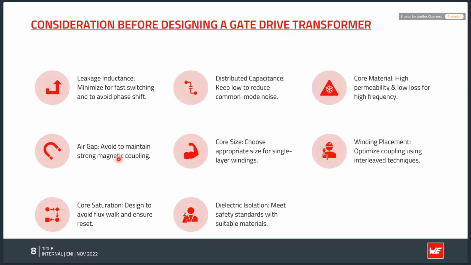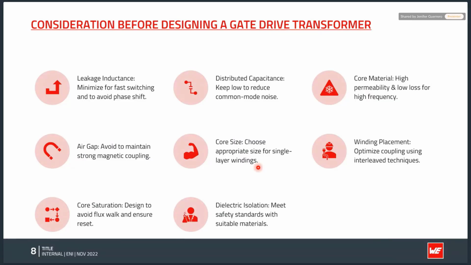So for the core size, obviously, because of high frequency, everyone wants to go smaller and smaller. This is something that we would wish to have, but it can affect different electrical parameters, like leakage and distributed capacitance, or we may not be able to accomplish all the electrical parameters that the customer needs.